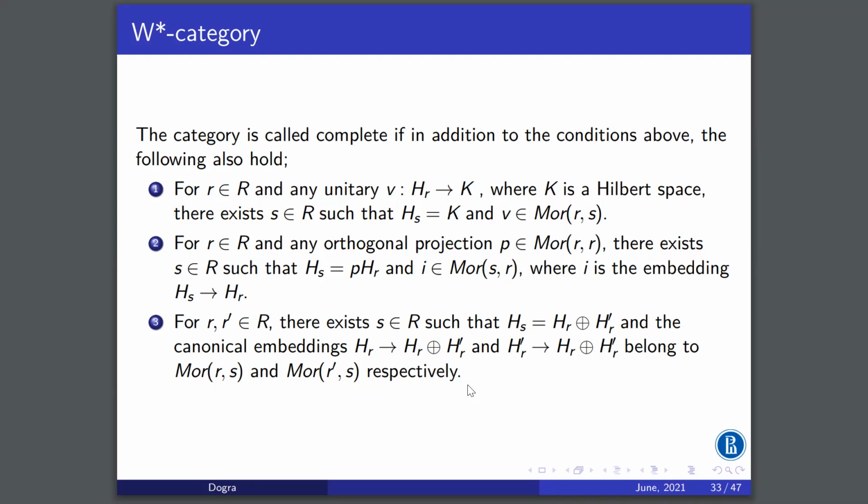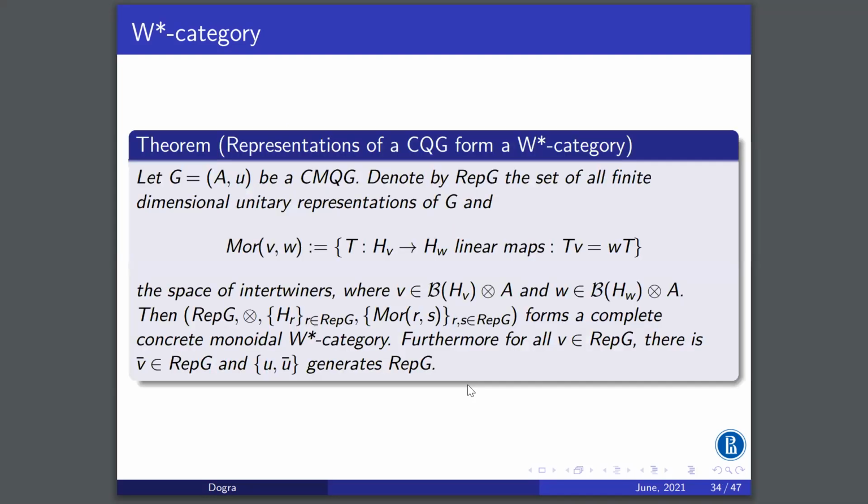The third condition just gives the canonical embeddings. All right, so that was quite a lot of conditions to remember.